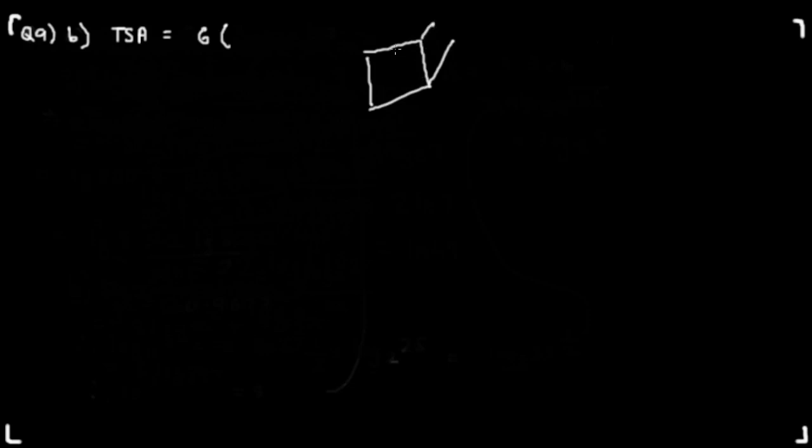There are 6 sides to a cube, so we have to multiply 6 by the surface area of each of the faces of the cube, which are all equal, so they would be s squared.